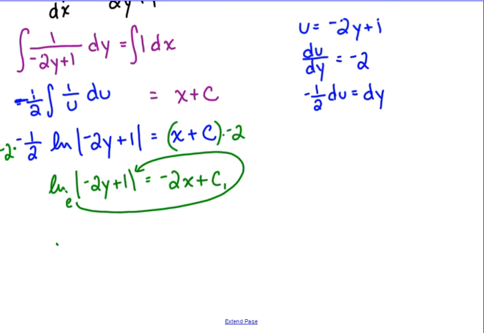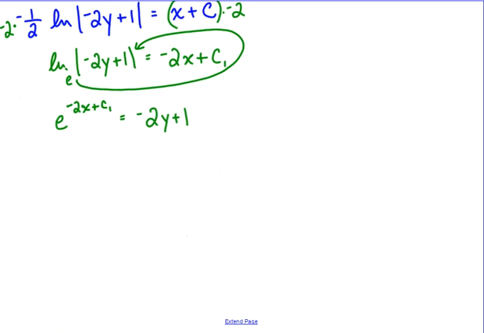Now we can put it in exponential form. E to the negative 2x plus c sub 1 is equal to negative 2y plus 1. Go ahead and fix your exponential expression over there. Thank you. Okay, go ahead and put that c sub 1 in front. Technically, it's a different constant, so technically it's c sub 2. Because e to the c sub 1 would give you a different constant.